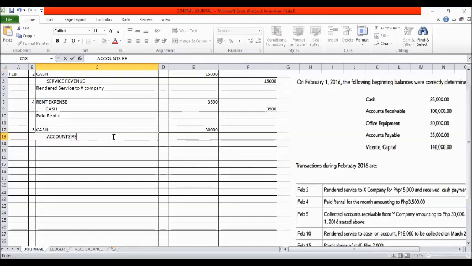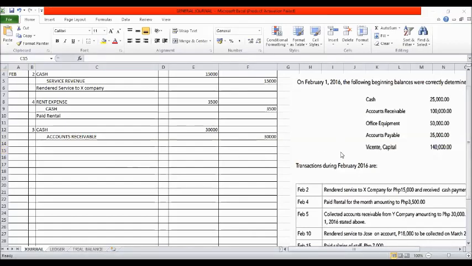Kapag nababawasan yung mga utang ng ating mga customers, that's credit accounts receivable. Kapag nagbabayad ng utang sa atin yung mga customers natin, lagi siyang credit accounts receivable. Pero kapag nagdagdag naman sila ng utang sa atin, accounts receivable, debit siya. Okay? So, titingnan natin yung mga transactions.